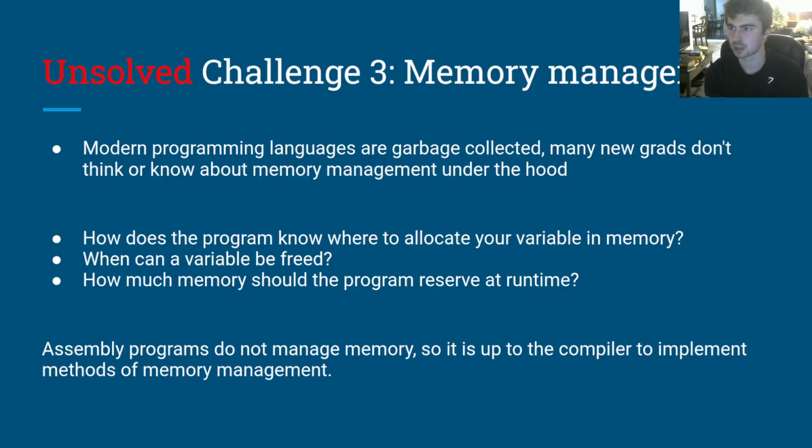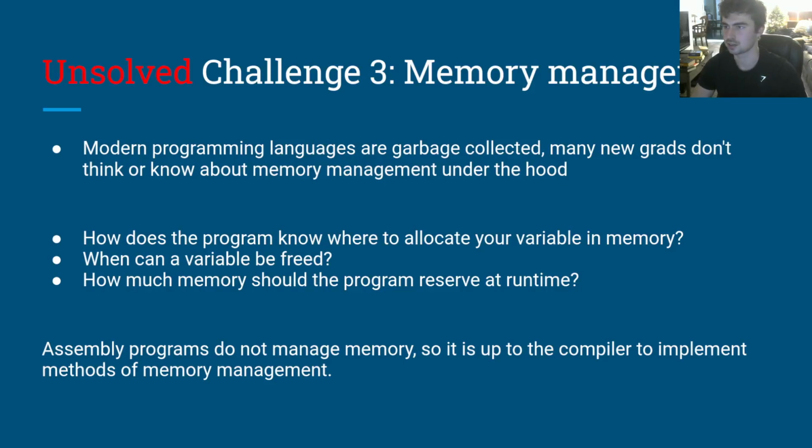Many modern programming languages that we use today are garbage collected, and a lot of people coming out of school don't really know or think about the memory management that happens under the hood, including me. I don't have to think a lot about that. So questions such as, how does a program know where in memory our variable can be allocated legally?